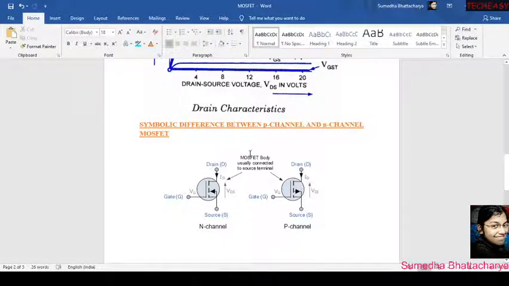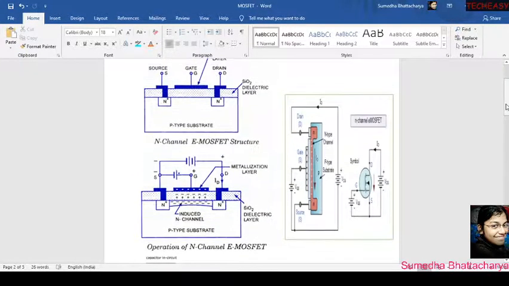And remember this thing, the MOSFET body is usually connected to the source terminal, what I have told previously, right? So this is the main difference between the symbol of P channel and N channel enhancement type MOSFET, right? You can also see here the symbolic expression and the explanation of how the arrow is inward, you can see in this picture, right?